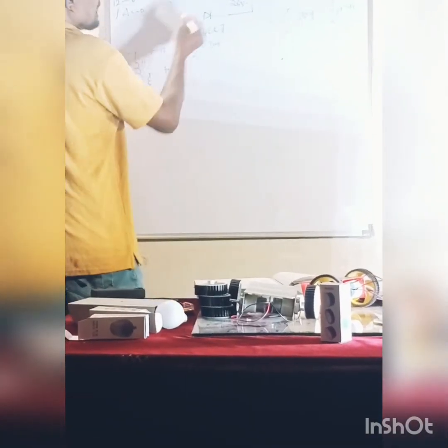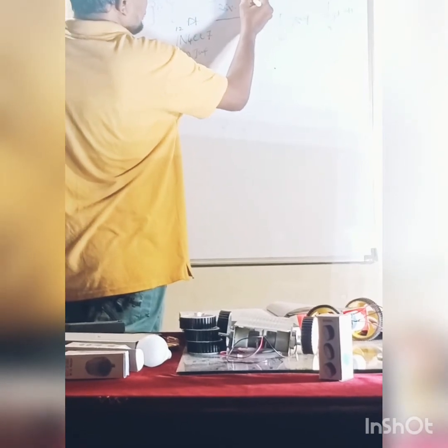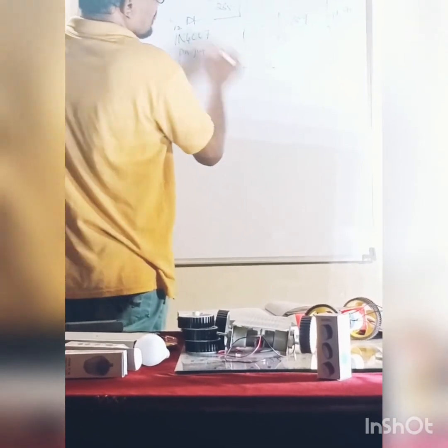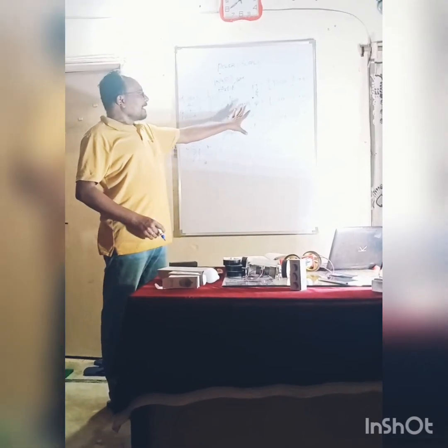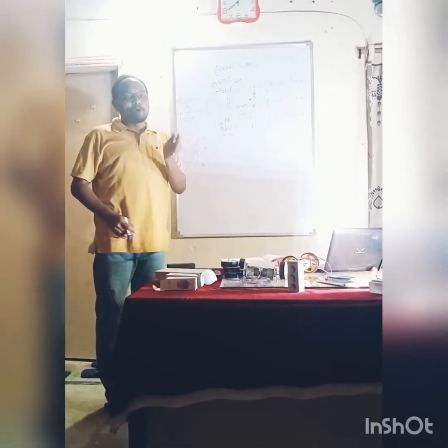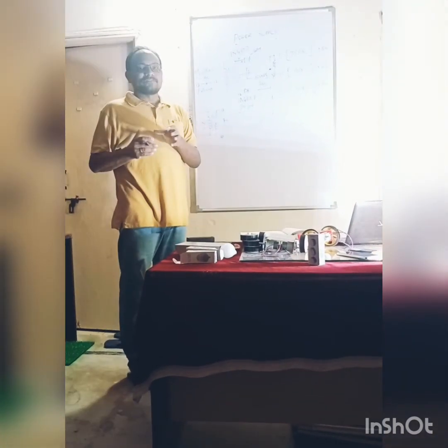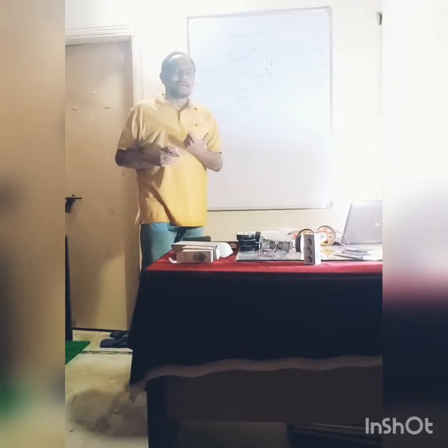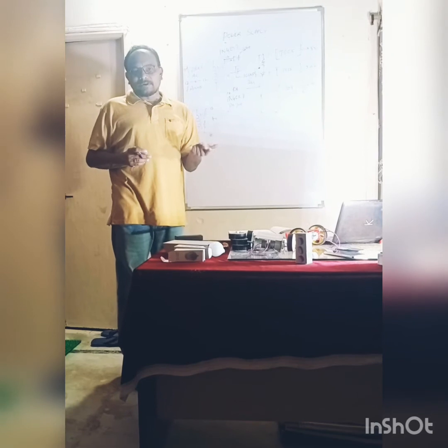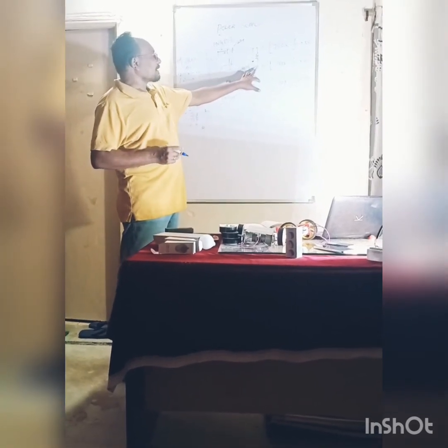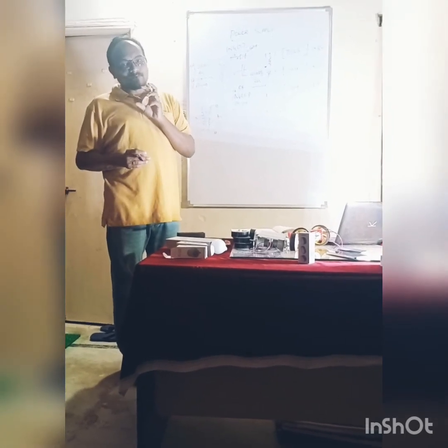You can connect a resistor and LED for indication at the input level. Last night one student asked me, again I am saying, LED voltage will be 1.5 to 3 or 3.5. It depends on the color. If you are using red color, you will be having a different voltage; green color, another voltage, like that. Whichever color you are selecting, you need to calculate according to that LED's voltage.